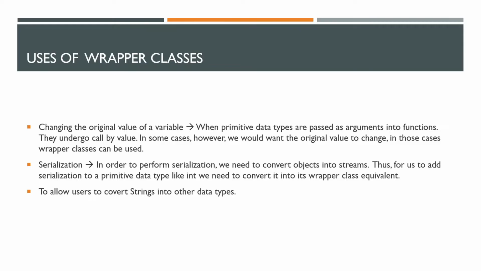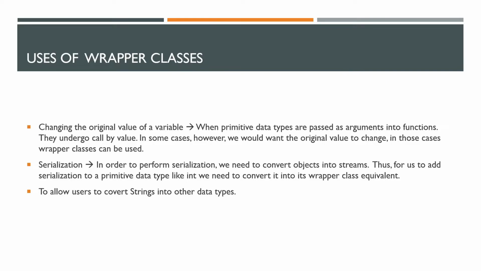Another case is serialization. In order to perform serialization, we need to convert objects into streams. Serialization is the concept of converting data into a byte stream. The use of this is so that we can retrieve data that was created when the program was run before and terminated. If we run a program and we terminate it, then all the data is usually destroyed.